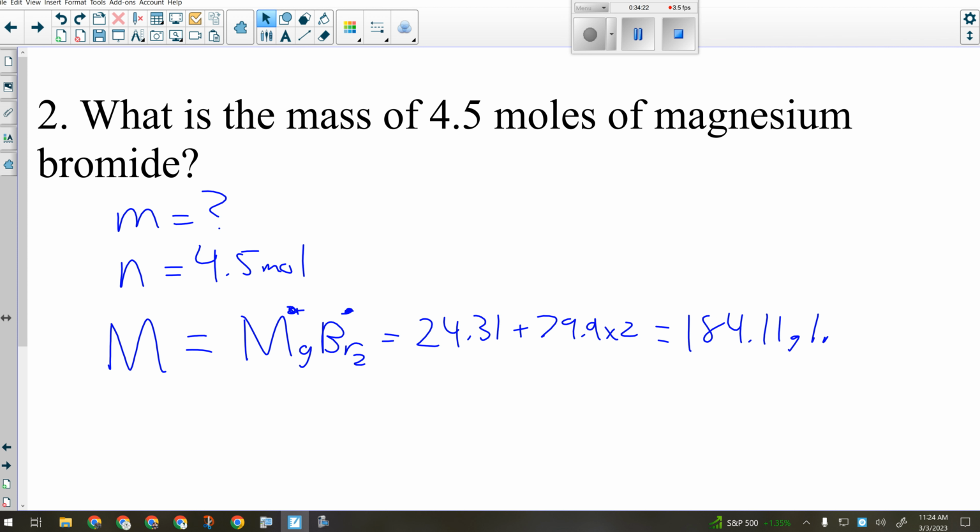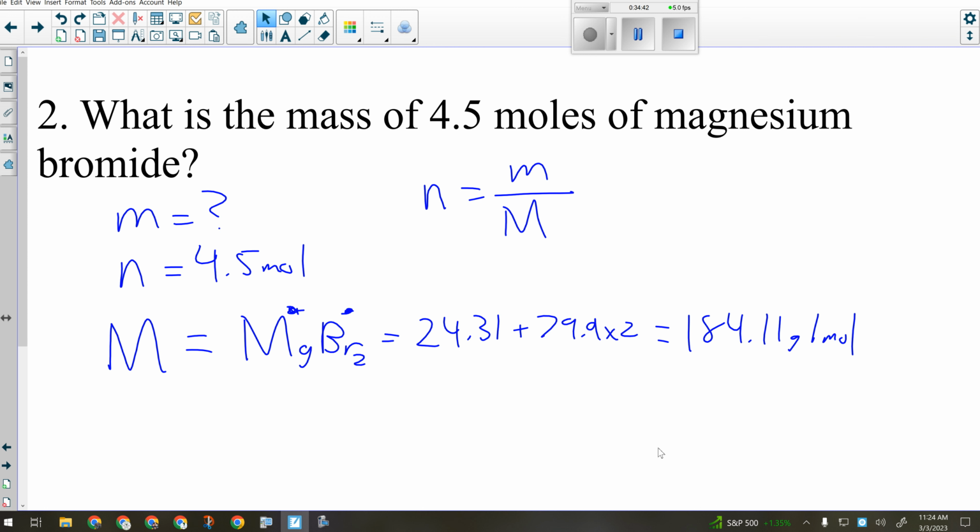grams per mole. Okay, so I've got n, and I've got big M, and I'm looking for little m. So if I want to solve for mass, little m, what do I have to do with big M? Oh, I'm already dividing it. If I want to move it, I do the opposite.